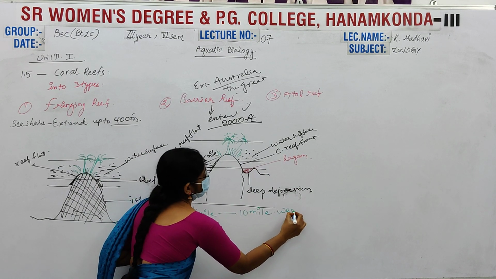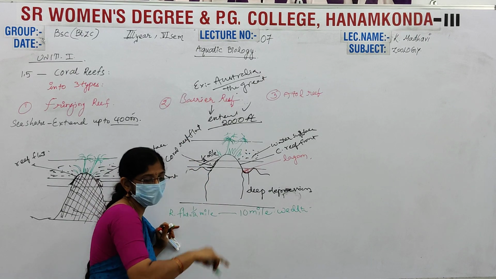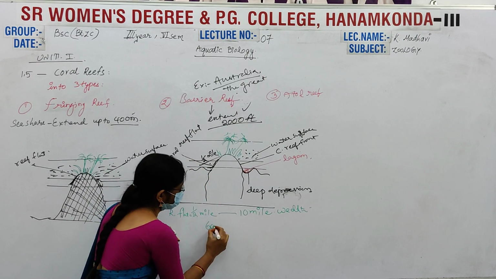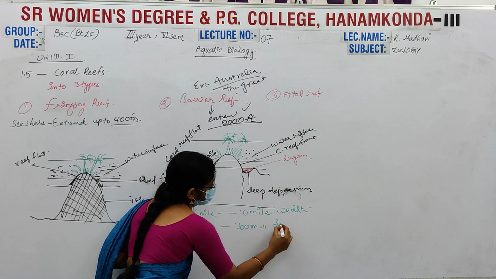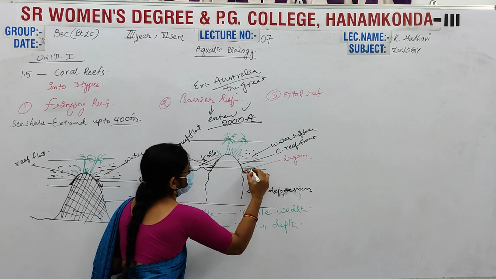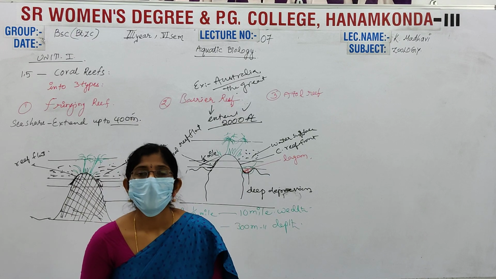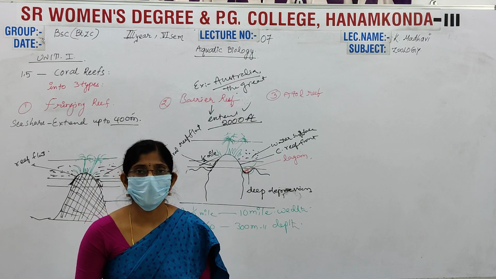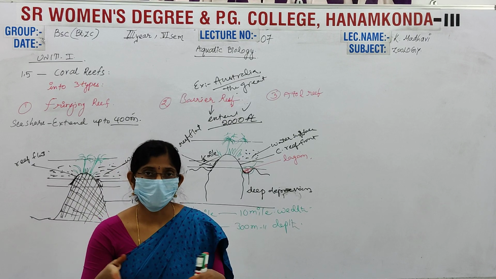This is the width. And the depth of the water is 60 to 300 meters. This structure of 300 meters depth is known as a lagoon. These lagoons are useful for transportation, where people do their journeys.